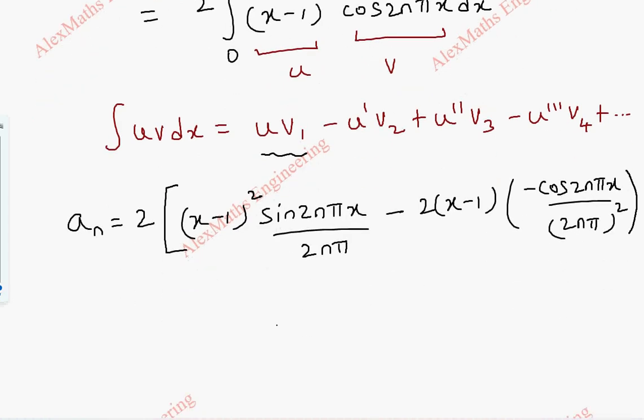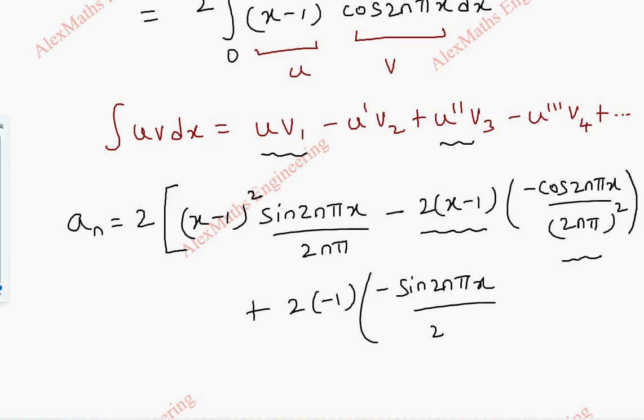Now plus u double dash, which is the derivative of this term, and that will be 2 into minus 1, and v3's integration of this, that is again minus sine 2n pi x by 2n pi whole cube, and we have our limit from 0 to 1.